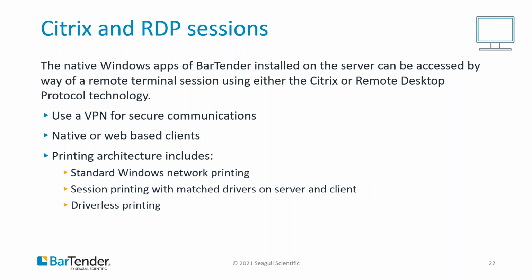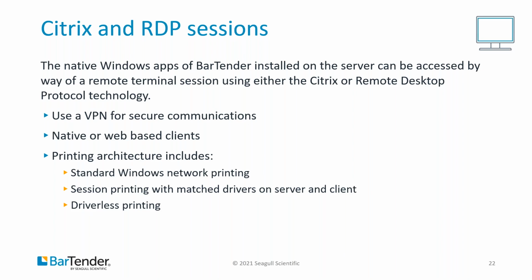So indeed, you can have that choice. For those users who are in the role of document design, they may choose to install the software locally on their workstation, design the labels there, and then save them to and store them to the cloud server.